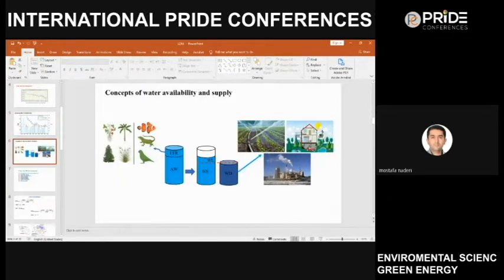Let me explain the concepts of water availability and supply. Assume that this is the total volume of water that exists in a water resource, such as a river or groundwater. As I mentioned before, some portion of water must be left for the ecosystem.